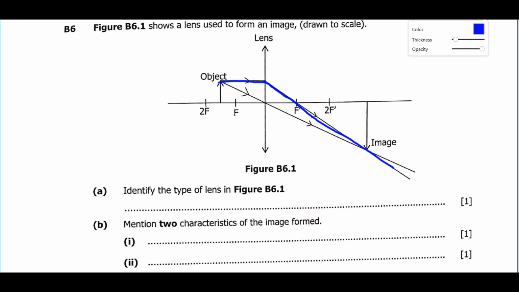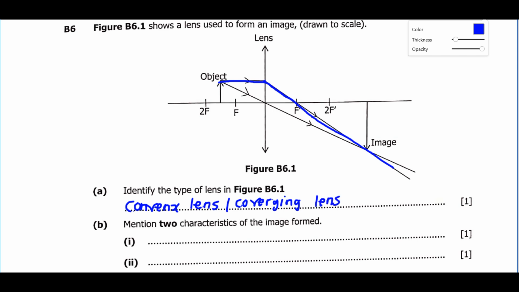As long as it's converging, bending and meeting, the type of lens is called the convex lens, or sometimes a converging lens. To converge is to bend and meet at one point.